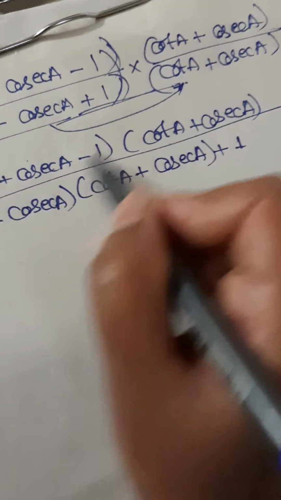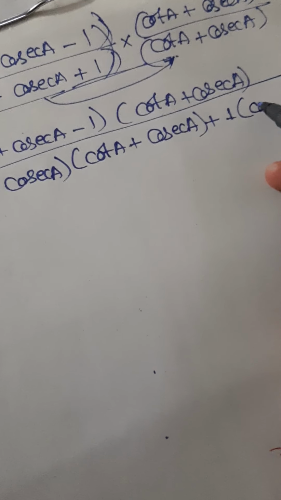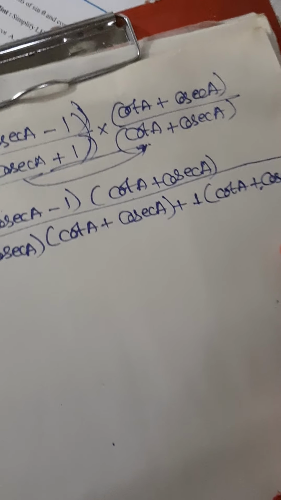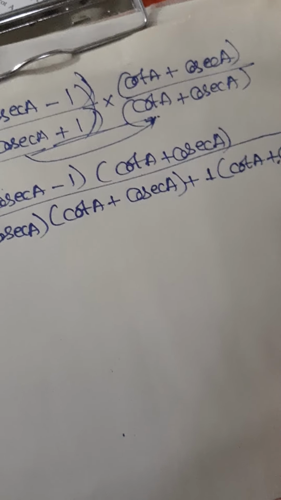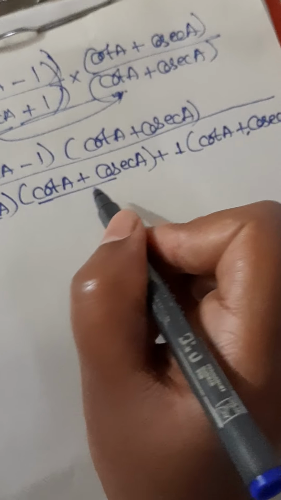The same thing, this plus 1 is here, and for this also cot A plus cosecant A.